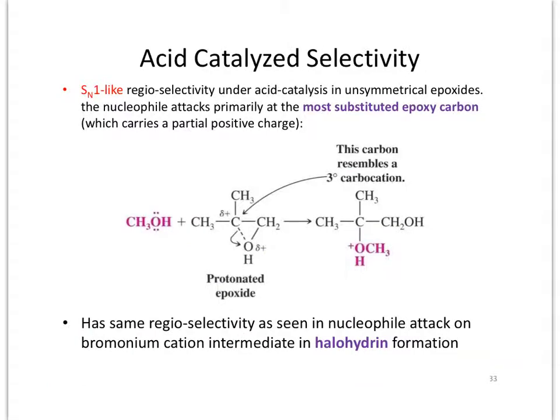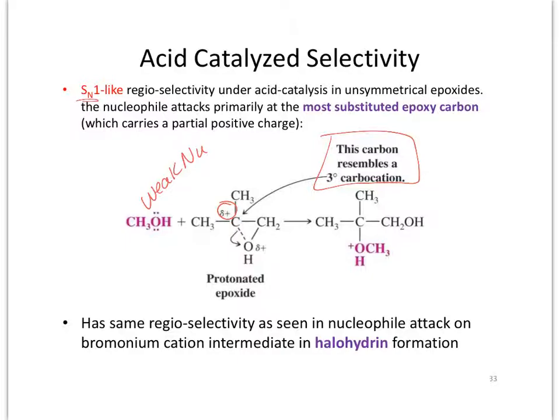Once again, this is just going over the theory behind the selectivity. So for the acid-catalyzed ring opening, it has the selectivity that's SN1-like, in that my weak nucleophile will preferentially attack the carbon that is most substituted because it more resembles a carbocation.